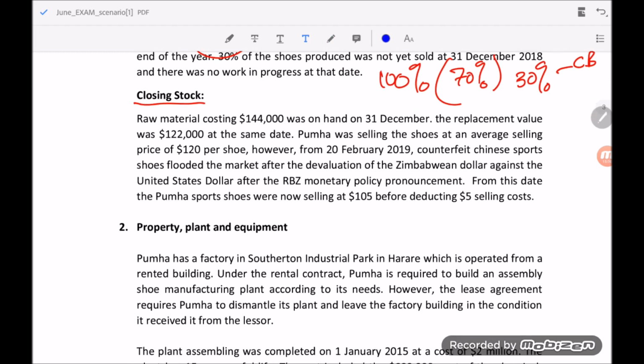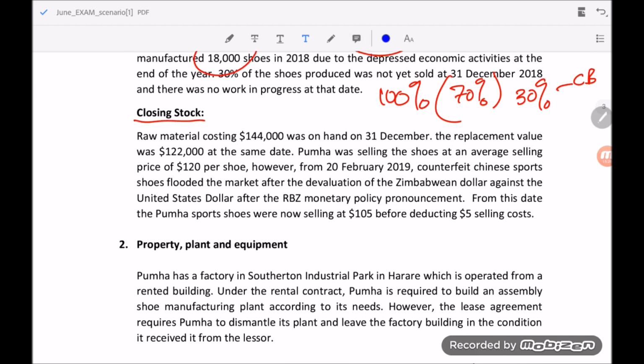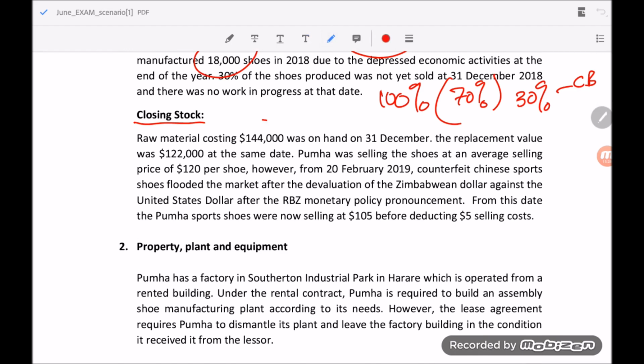Now, raw materials closing balance is 144,000, which is at hand. The replacement value is 122,000 at the same date. I think you can actually see the concepts being examined here. So we are given that they bought these raw materials at a cost of 144, the ones which are still there at the end of the year. But if we try and replace them today, we need to fork out 122,000.